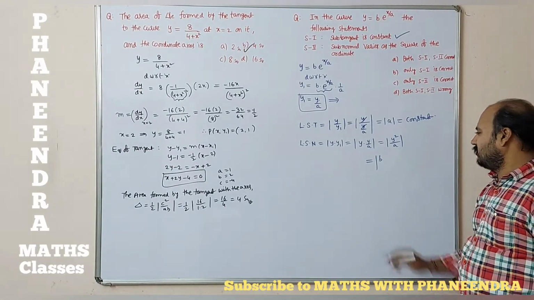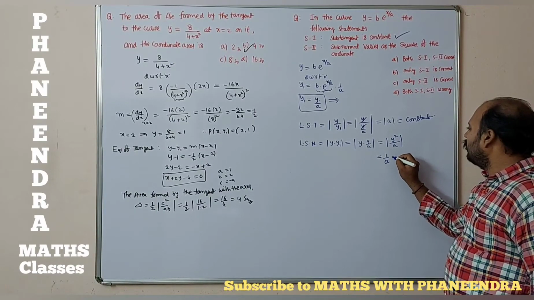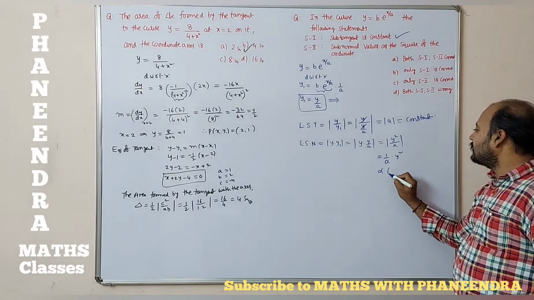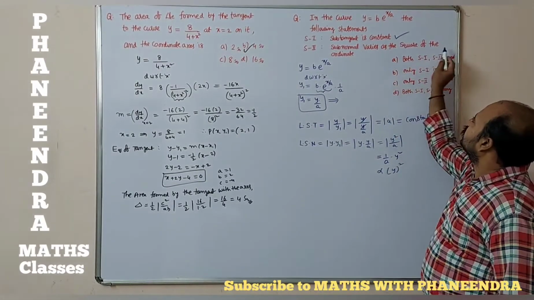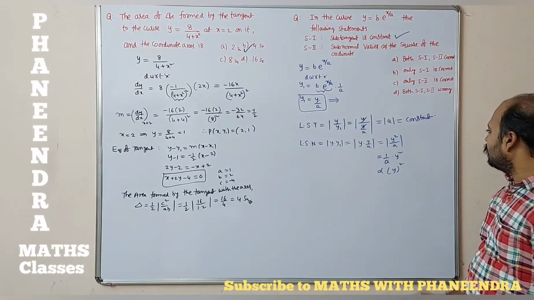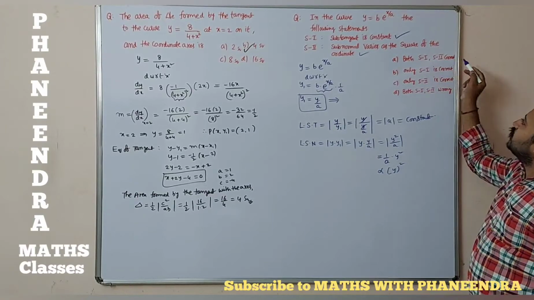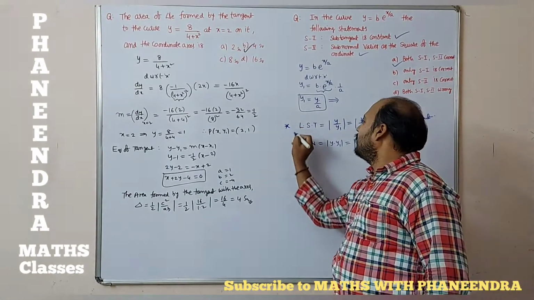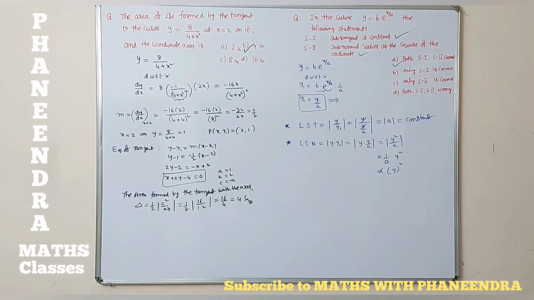If you remove this constant, 1 by a, into y square, it varies as the square of the ordinate. That is the square of the ordinate. So the second one is also correct. Both S1 and S2 are correct statements. Keep in mind, dear students, this set of formulae. We'll move on to the next questions.